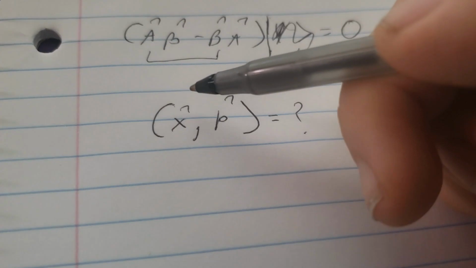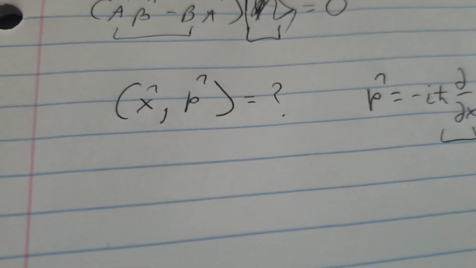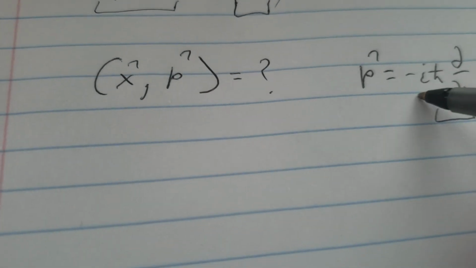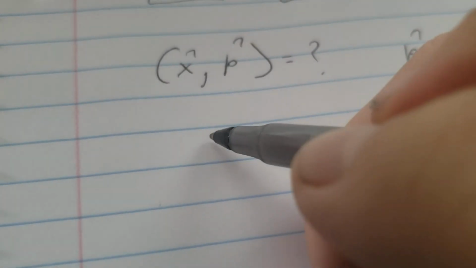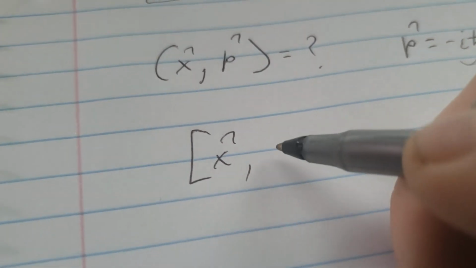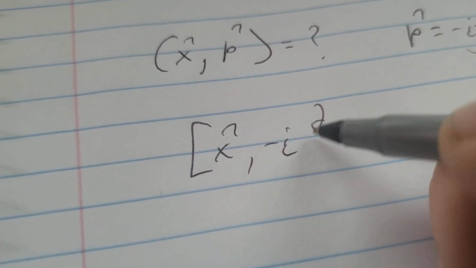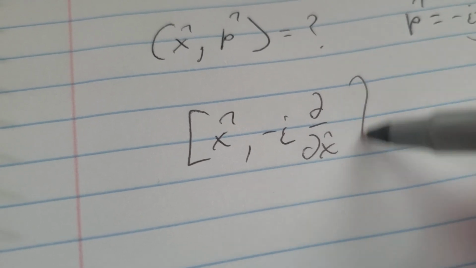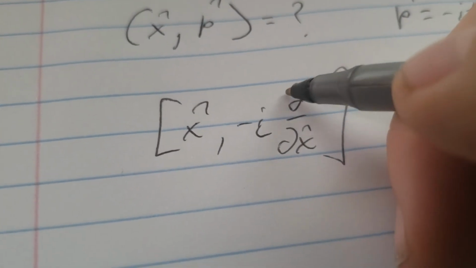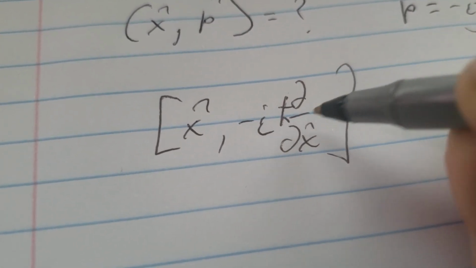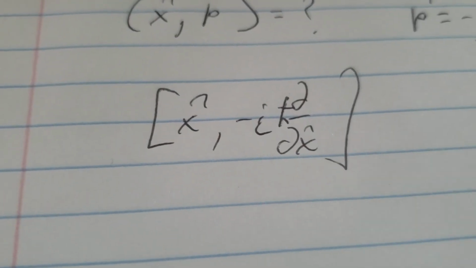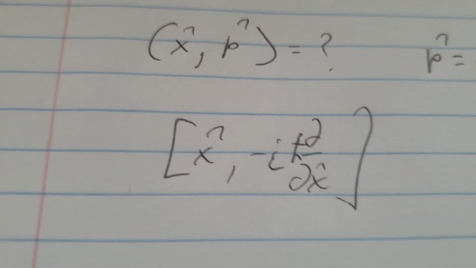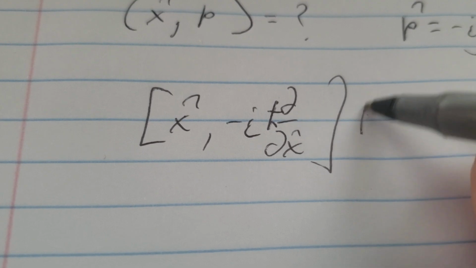And this argument generalizes to 3D as well, or any dimension, or any unit choice. So we're going to take the commutator of x hat with negative i h bar times the derivative with respect to x. We're going to get rid of the hats here. And we're going to apply a test function here.